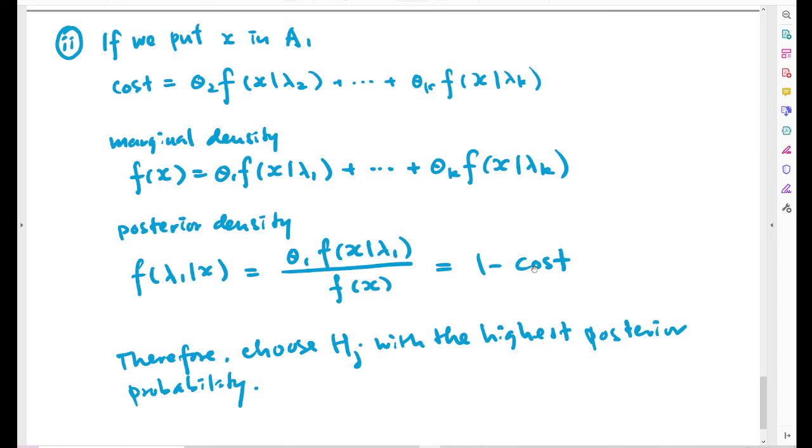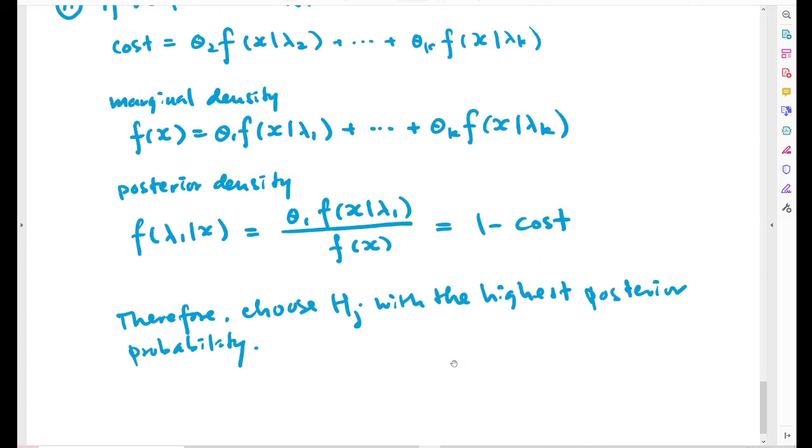So we can have the following very simple conclusion, because the analysis is totally symmetric for all j. Therefore, we accept or choose hypothesis j if it has the highest posterior probability. So it is a simple discussion of Bayes decision with k simple hypotheses.